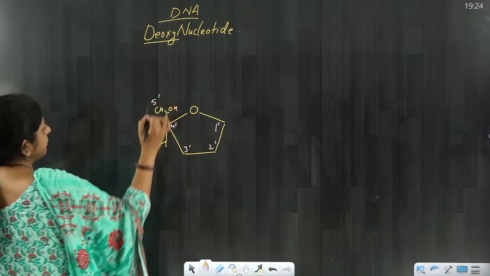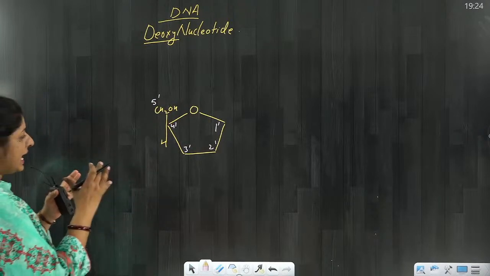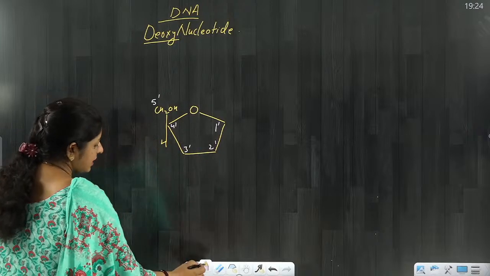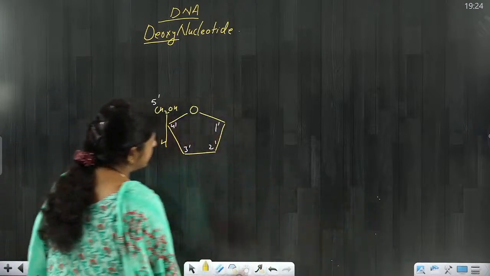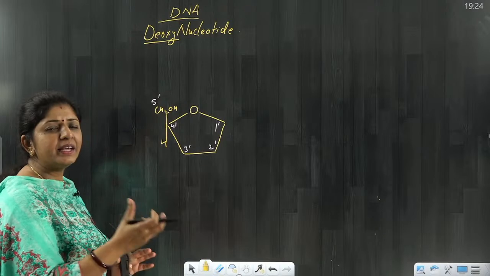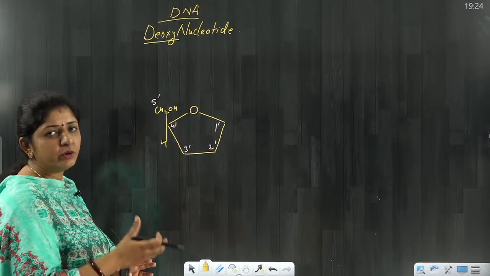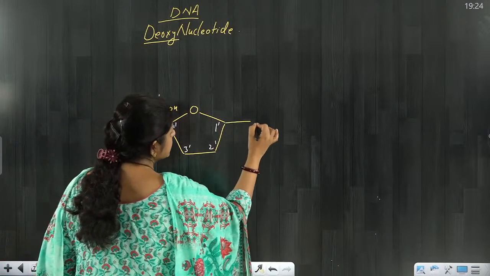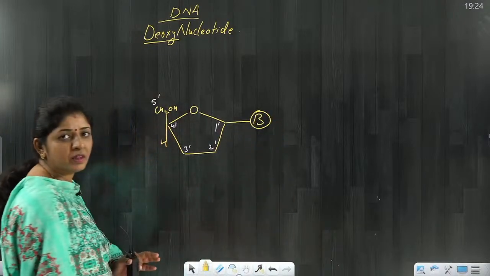This will be 5 prime. I told you in this pentose sugar where the base is going to be attached. The base is going to be attached to make it a nucleoside, at the 1 prime position.